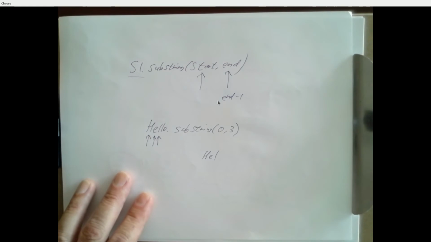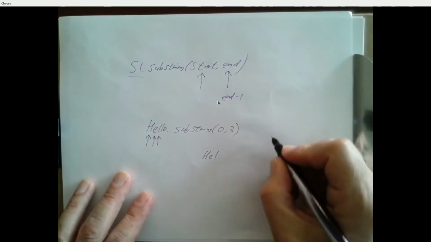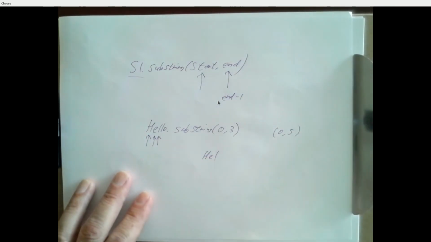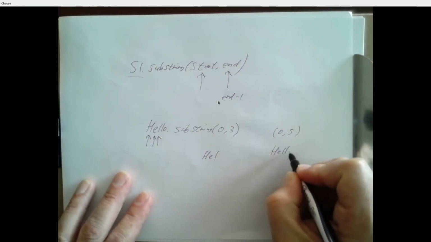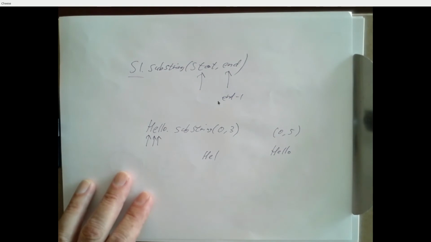It'll give you HEL. So if we plug in the length of the string, 0, 5, that'll give us characters from 0 up to 5 - 1 is 4. That'll give us our entire string. So if we want to take off the last character, what should we use for this ending position?